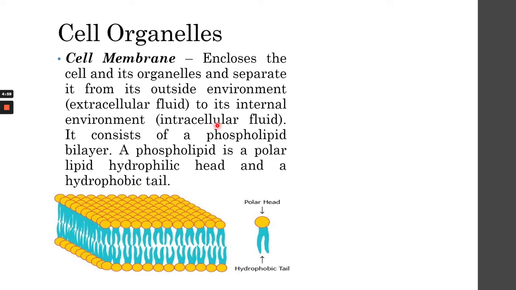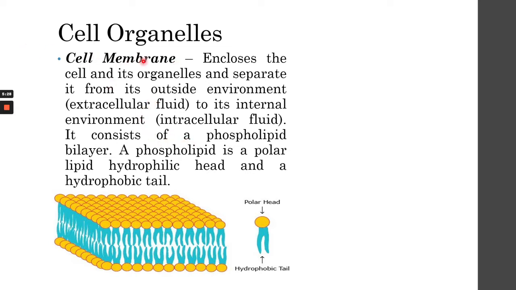This is important because if the internal fluid of the cell and its outer fluid mix together, the cell would not be able to support itself. It will rupture and die. That rupture of the cell because of the rupture of its membrane is called lysis, and that's one way to actually destroy a cell.